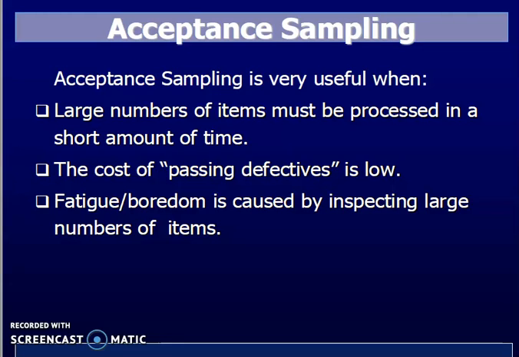It is very useful when you have to inspect components of a mass production system and process a large number of items in a short amount of time. The cost of passing defectives is very low, and fatigue is caused by inspecting a large number of items. So these are some advantages of acceptance sampling.